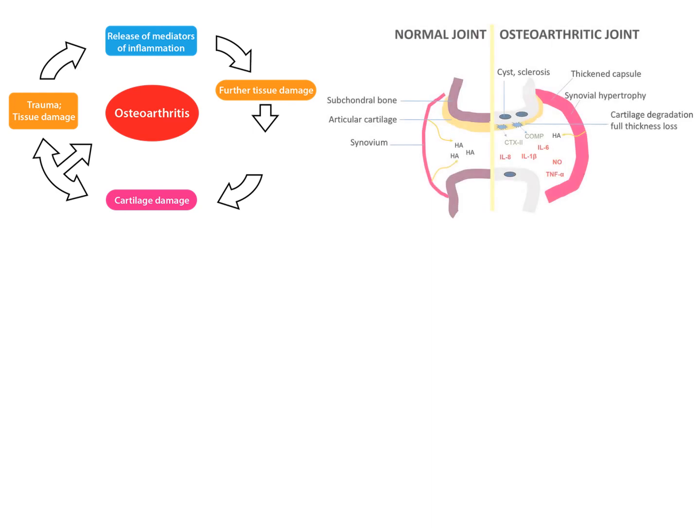So here's a normal joint on the left with your different surfaces. Again, we've pretty much lost most, if not all, of the cartilage at this point, and we're seeing bone-on-bone interaction. You may see some hypertrophy of the synovial membrane if you are looking at a high enough resolution image. But what you don't see is the remodeling of the bone nearly as much as you would see in the rheumatoid arthritis, excuse me.